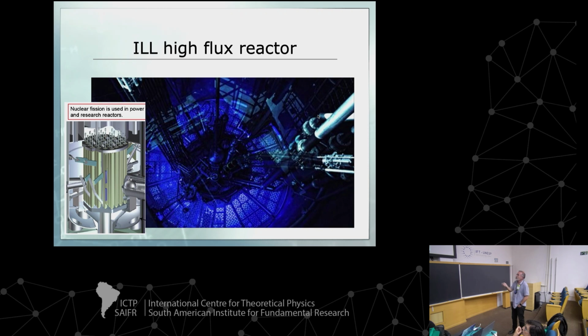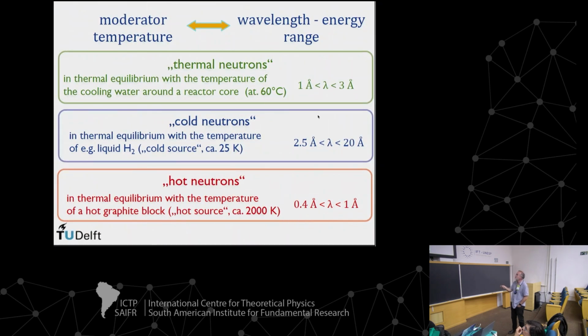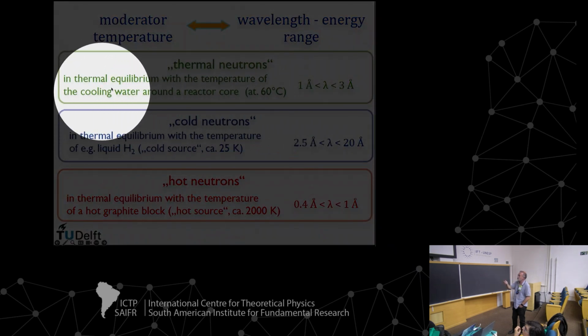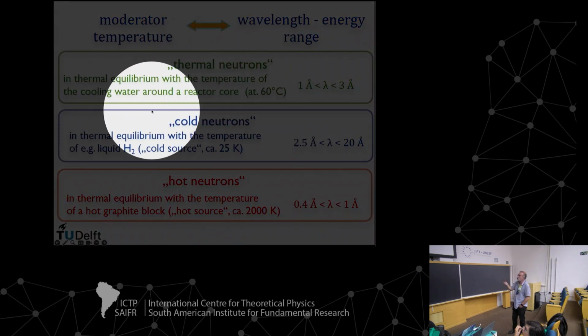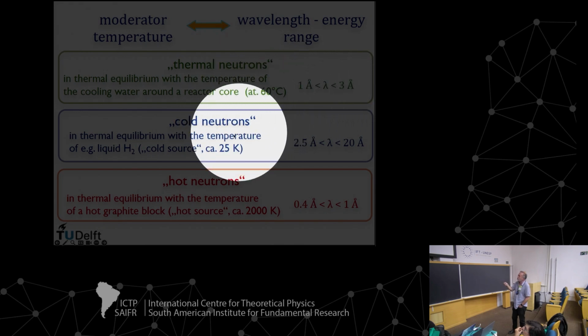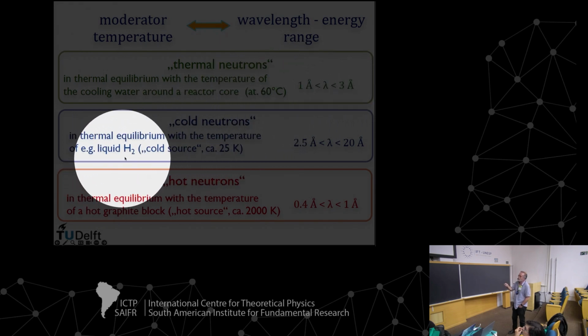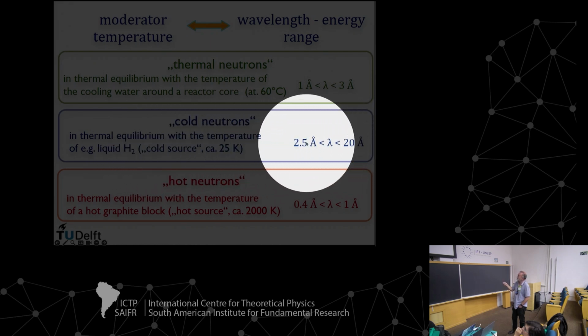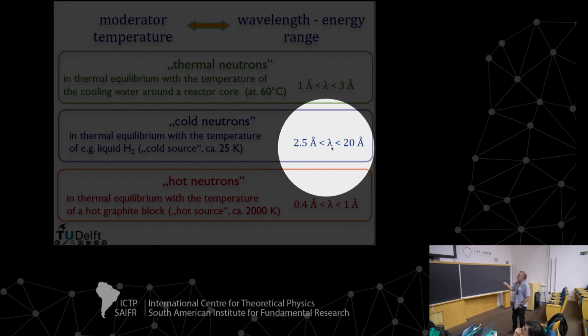And ILL, this is a nuclear fission reactor, which will be closed if it is not already closed. And here are the temperatures at work. When we're thinking of thermal neutrons, you have thermal equilibrium with the temperature of the cooling water around the reactor, 60 degrees, and you have this wavelength. For cold neutrons, you have liquid hydrogen, 25 K, and you have this wavelength, you see, which is considerably longer.